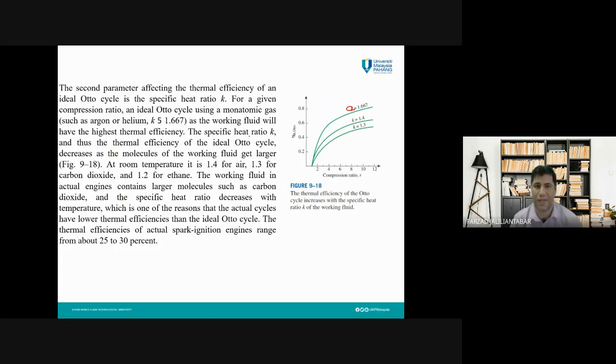working fluid or the air, which is dependent on the material from which the cylinder and engine are produced, and it depends on the maximum temperature which the cylinder can resist. So also for K, we cannot increase it too much, but a higher K is more desirable.